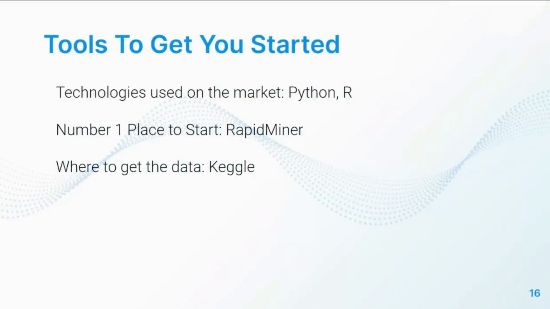Then, when you feel comfortable with using RapidMiner, you can proceed to actually learn about the technologies that are used in companies and on the market, which are Python and R. The data sets and challenges can be found on the website called Kaggle. I can forward this presentation to the colleagues from the IEEE branch, so you would not have to write this down and can refer back to it.